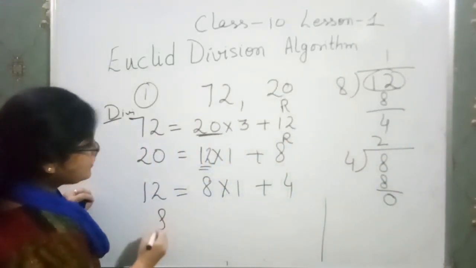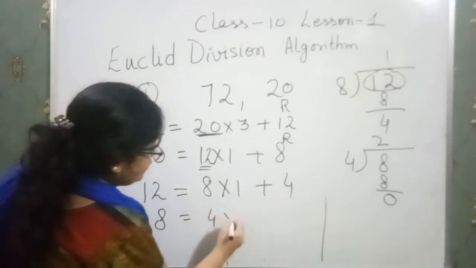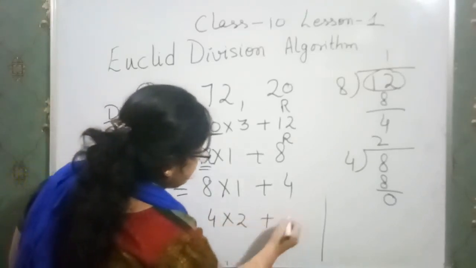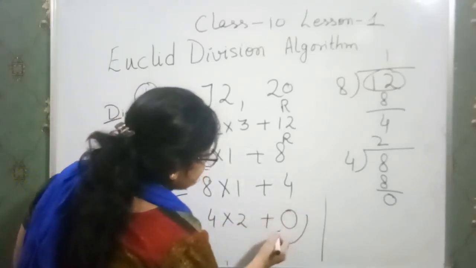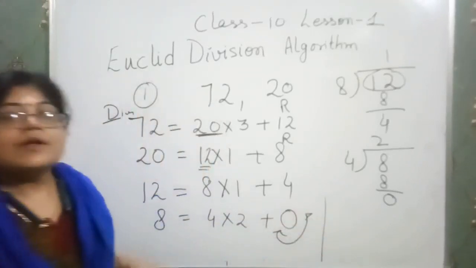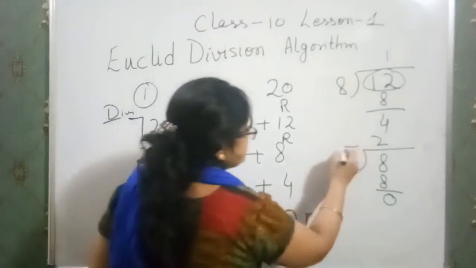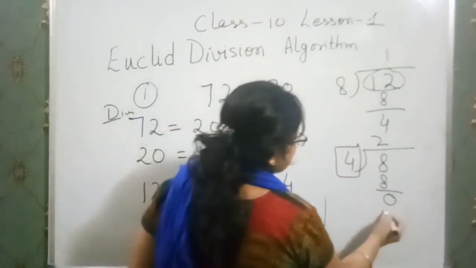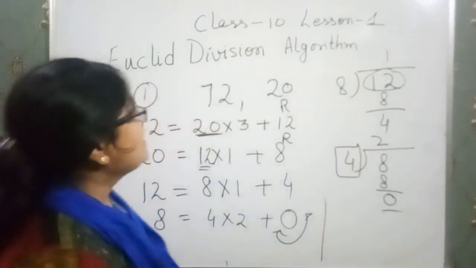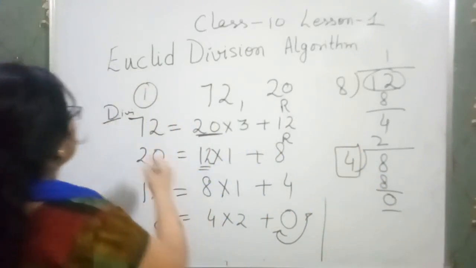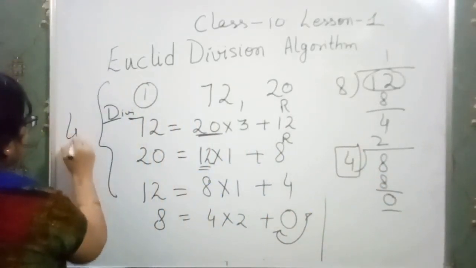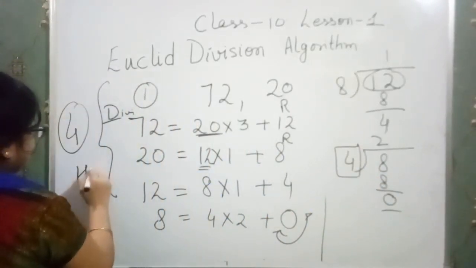So we have 8 is equal to 4 into 2 plus 0. When we get 0 in place of the remainder, it gets completed. And the last term which divides and makes the remainder 0 is our HCF. So in this case 4 is the HCF.